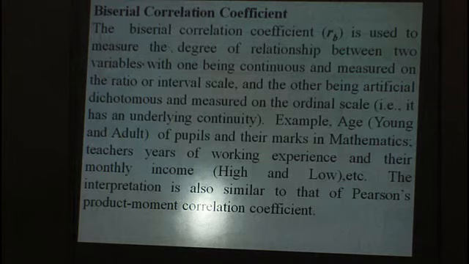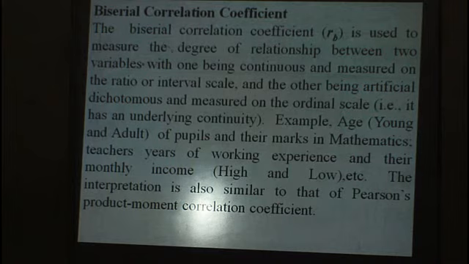Example, you talk of the age of pupils or the age of some people. We can classify them as adult and young. That's artificial dichotomy.